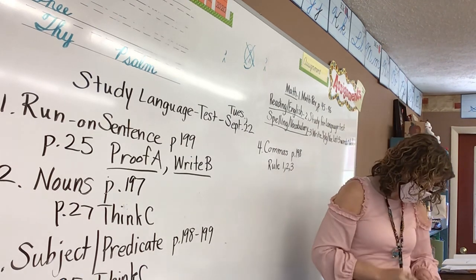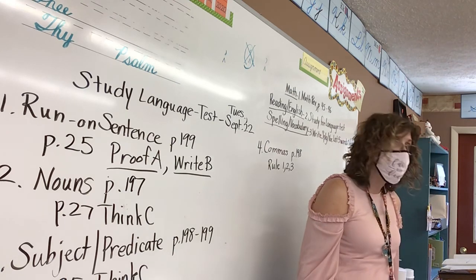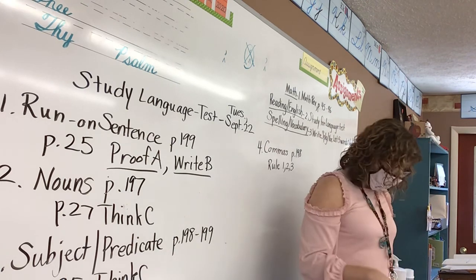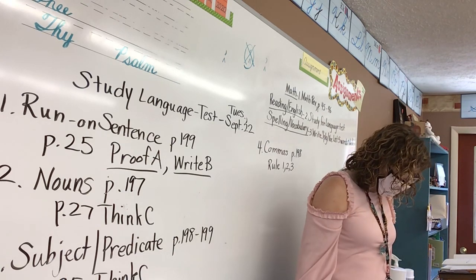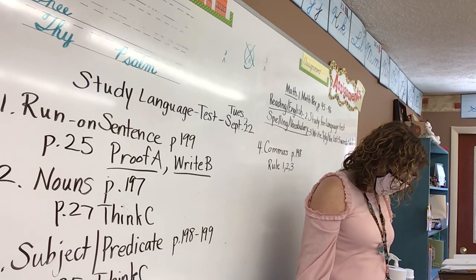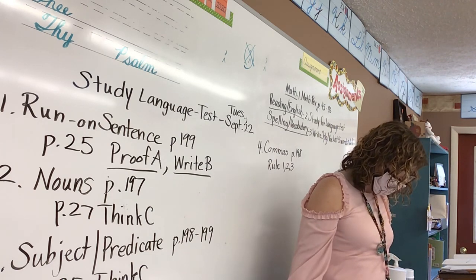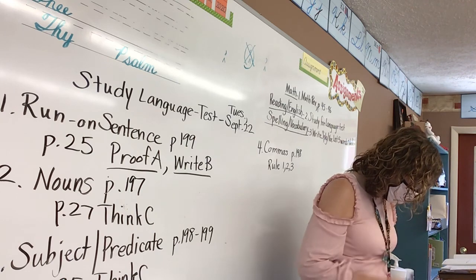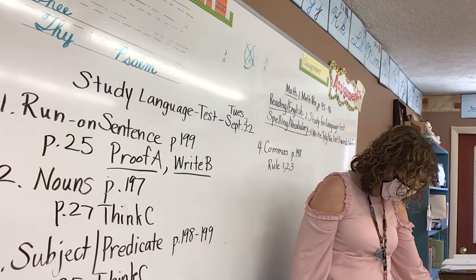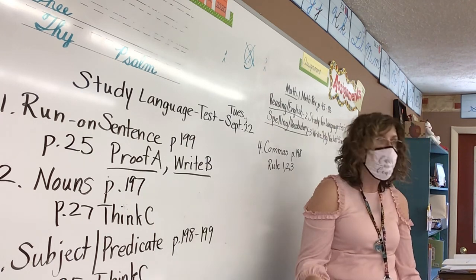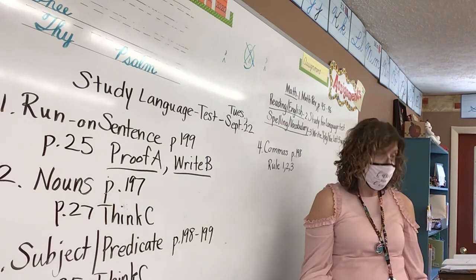All right, the rule 1 says use a comma and a conjunction to correct a run-on sentence. And then rule 2 says use a comma after yes or no at the beginning of a sentence. And rule 3 says use a comma before and after the name of the person you are speaking to in a sentence. Use only one comma if the name comes at the beginning or at the end of the sentence. We already learned that, right?